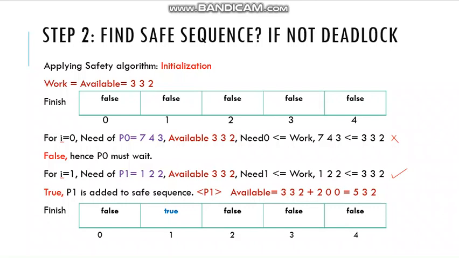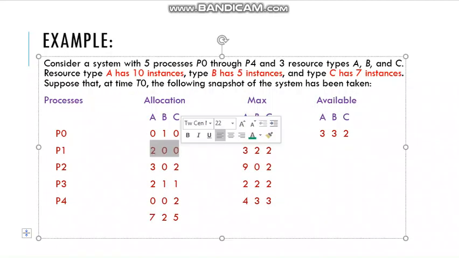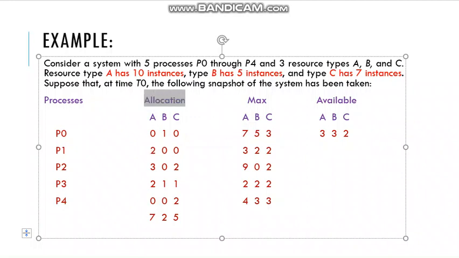So how much is allocated for process 1 initially? It is 200. Now it doesn't need those resources because P1 is executed, so it is releasing the allocated resources. They become available.